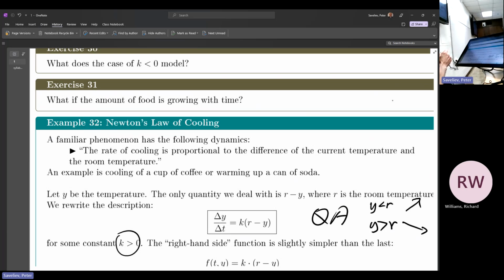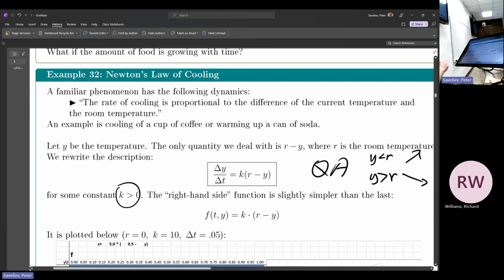This is, even though imprecise, a very broad description, where every situation is taken care of. There are only two cases, and you already know very specific facts about them. When you do go numerical, R has to be specific, k has to be specific, delta t has to be specific. And so you're running only one instance of the whole thing.